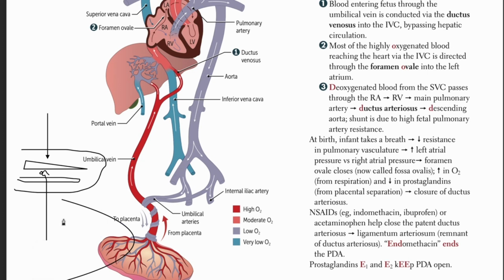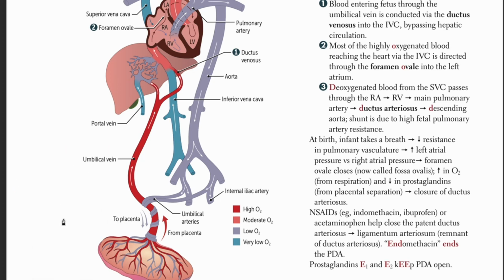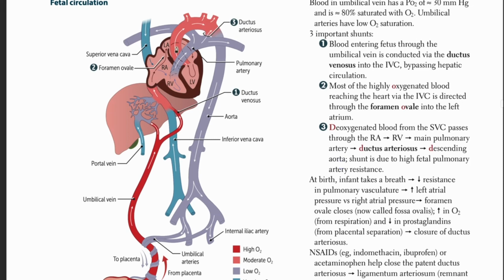Okay, so let's get rid of these. Okay, so at birth, a decrease in resistance in pulmonary vasculature leads to an increase in left atrial pressure. So normally, since there was nothing coming from the lungs into the left atrium, it was just the amount that was coming through here, right?